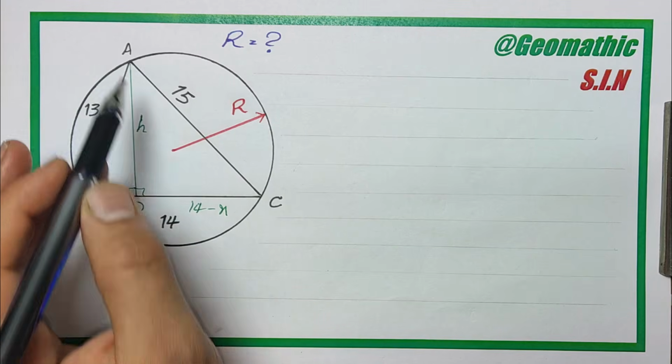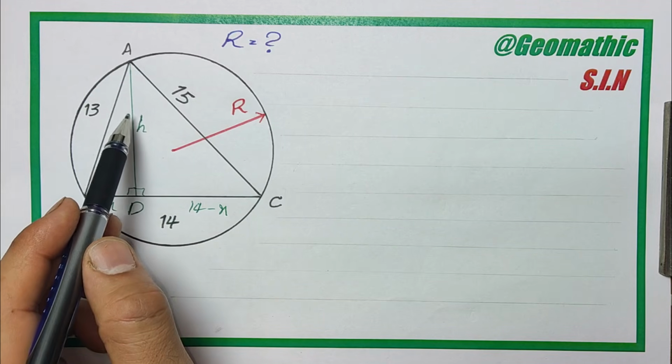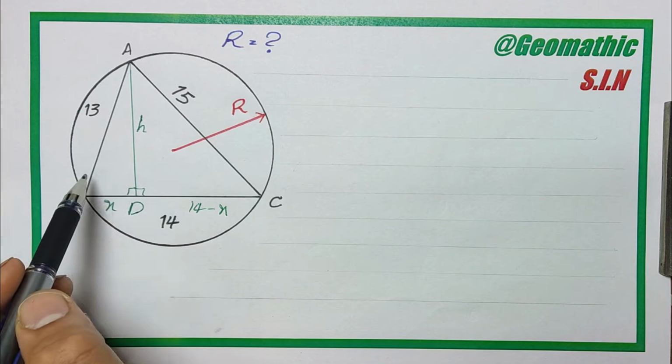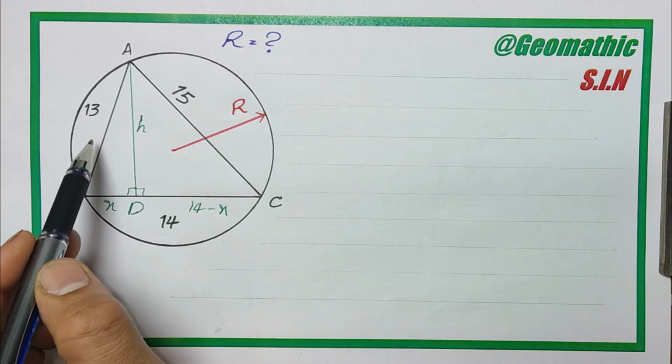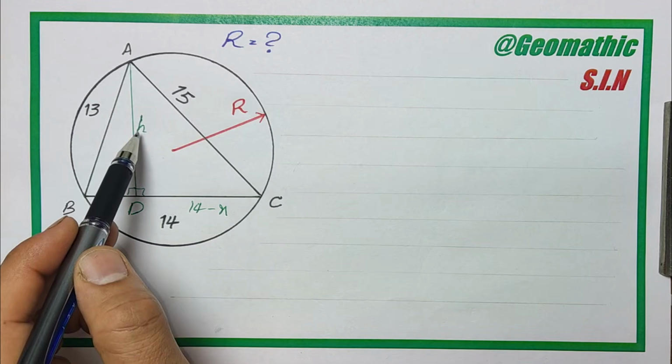The next step is to use the Pythagorean theorem to set up two equations based on H for triangles ABD and ACD. So for triangle ABD, which has a hypotenuse of 13, we have 13 squared equals x squared plus h squared.